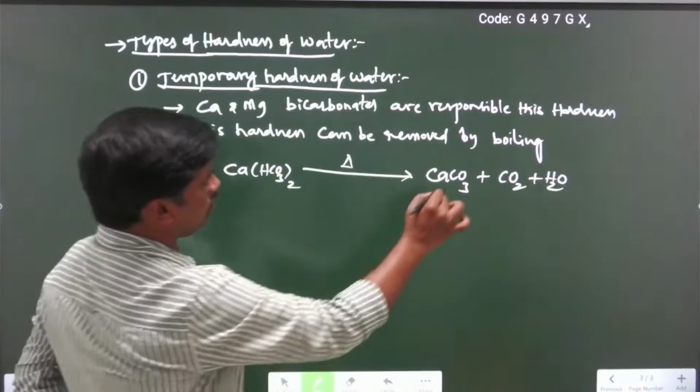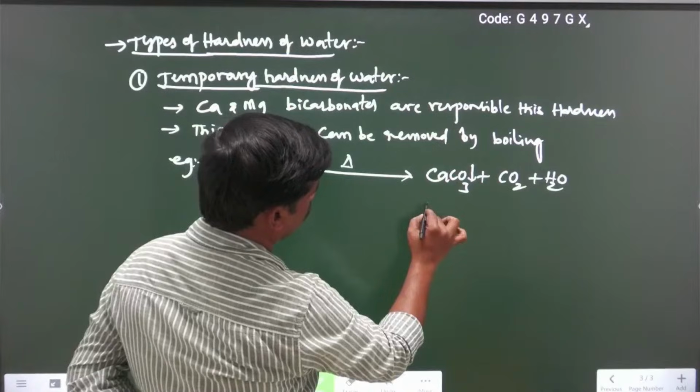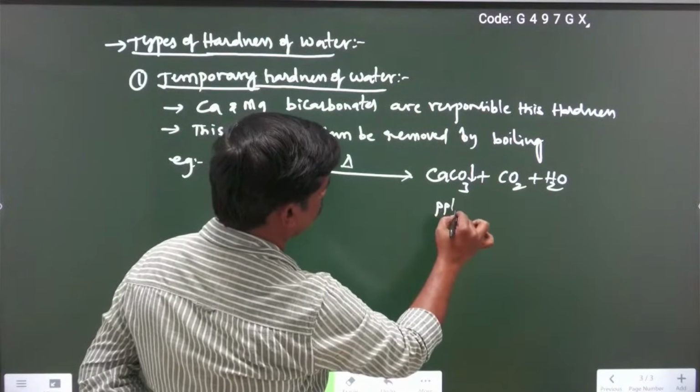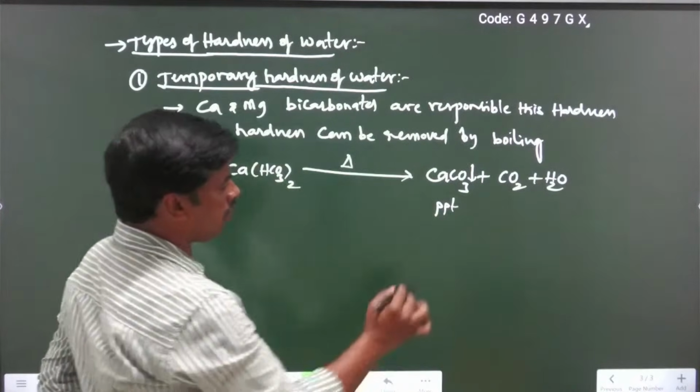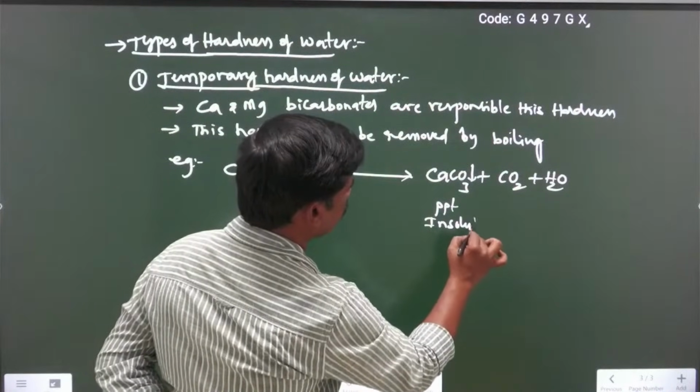The downward arrow mark indicates precipitation, PPT, which means an insoluble substance.